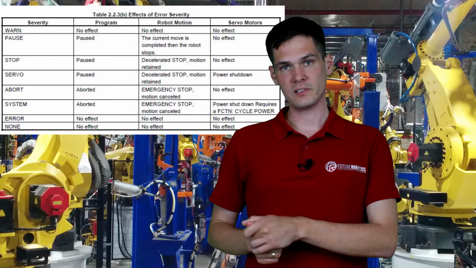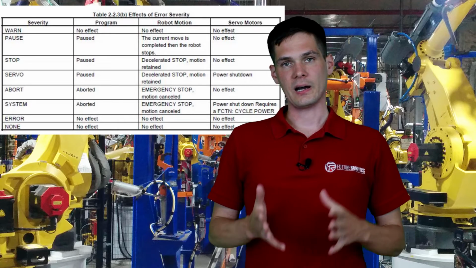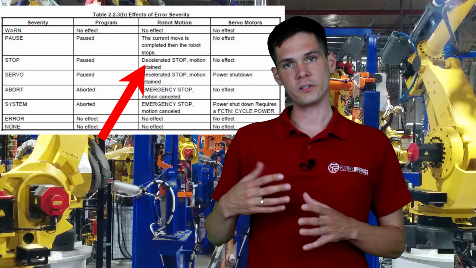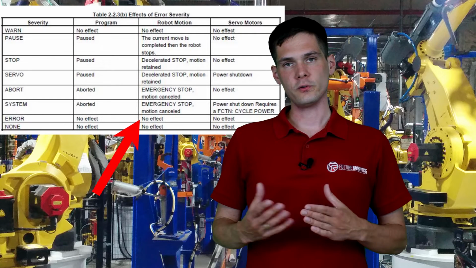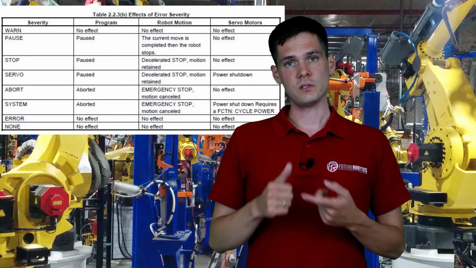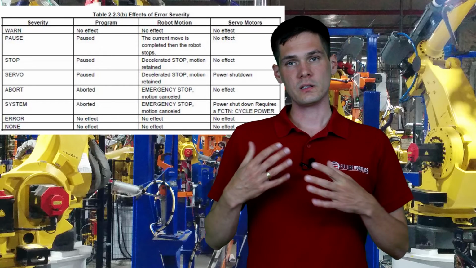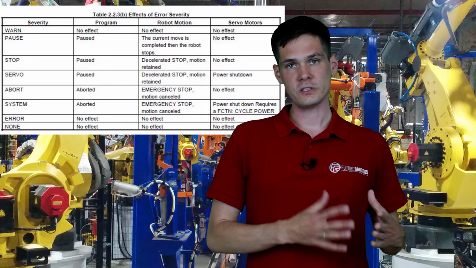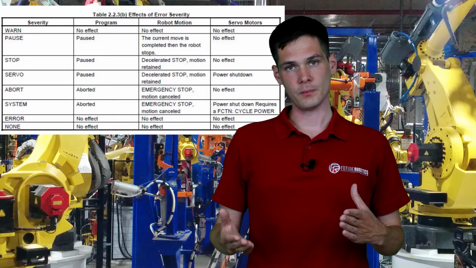First of all, I wanted to talk to you about the alarms. The alarms are always shown on the teach pendant at the very top, where the info box is. There are quite a few types of alarms. Some of the alarms are going to stop the robot, others won't. The robot can be stopped, or the robot can continue the motion and stop at the end of the motion.